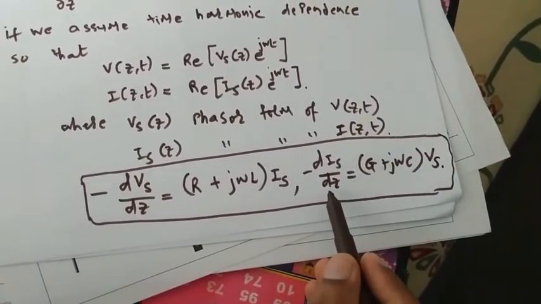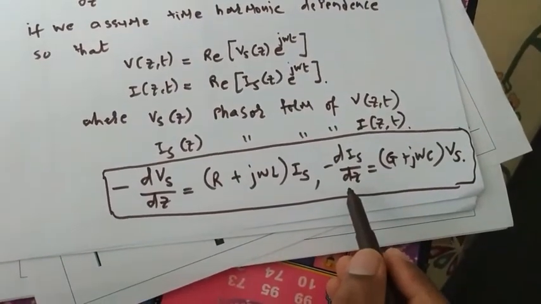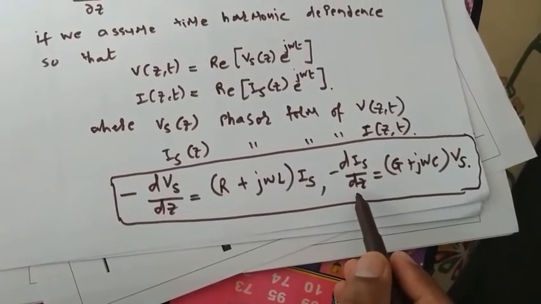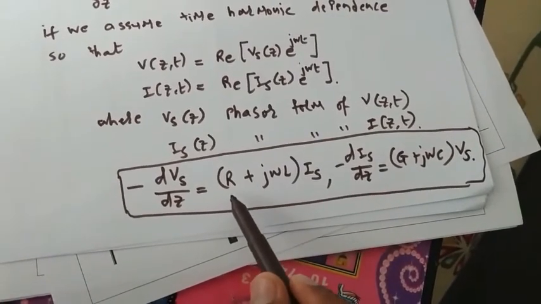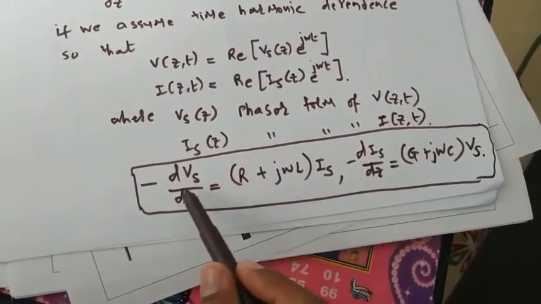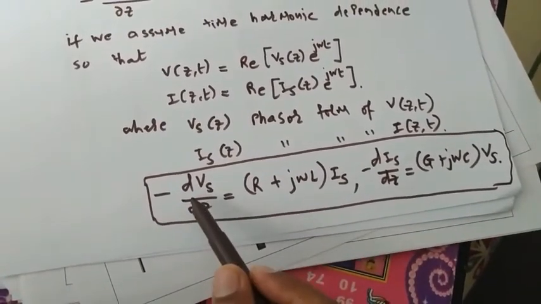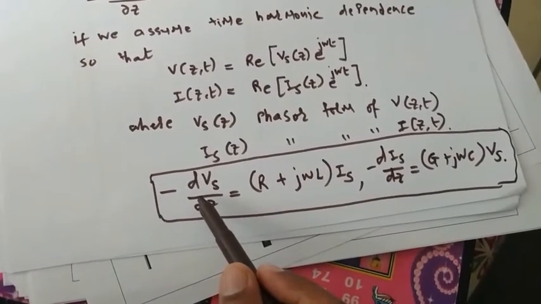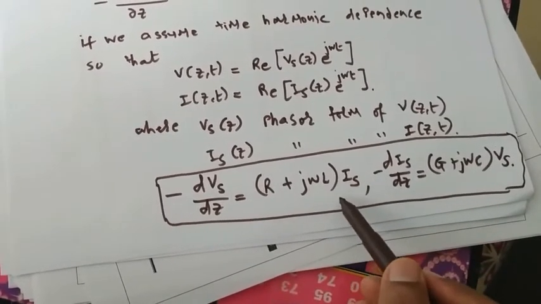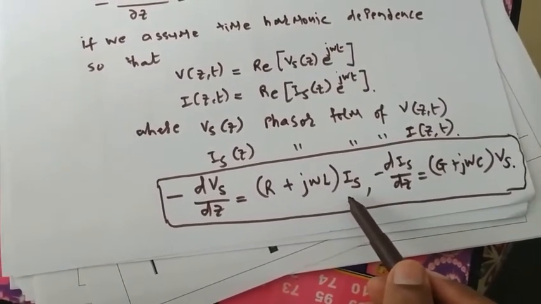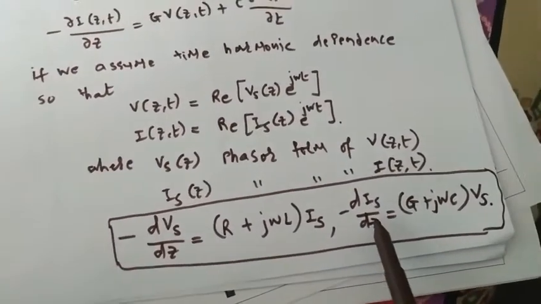one common transmission line equation. So here you can see that in these two equations I can eliminate one equation by simply differentiating any one of the equations. For example, if I differentiate the voltage equation, then I will get the double differential form, and I will get dIs by dz. So what will happen is that I can put the same expression in this and get the single equation.